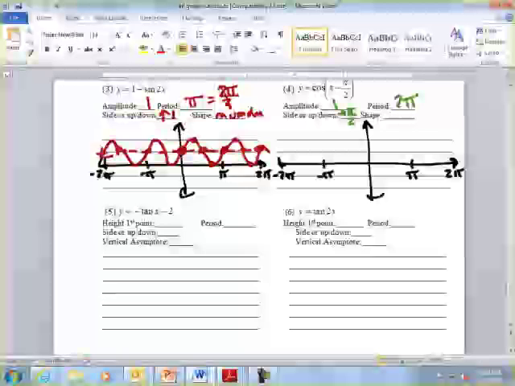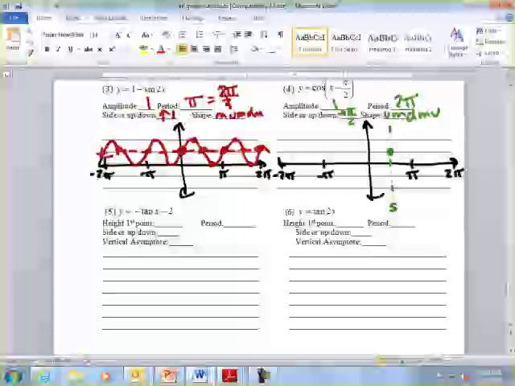Shape of cosine? Up, middle, down, middle. Up, middle, down, middle, up. So we take care of shifting first. So I'm going to go over to half of pi and put a new starting line. Then cosine begins in the up position on that starting line.